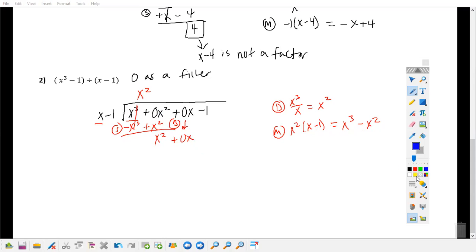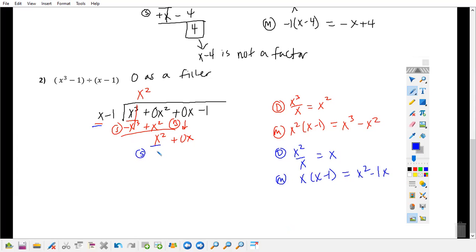And now you repeat the steps again. So I'm going to divide x squared divided by x. That's going to give me x. Then I'm going to multiply x times my divisor, which gives me x squared minus 1x. And then we subtract.